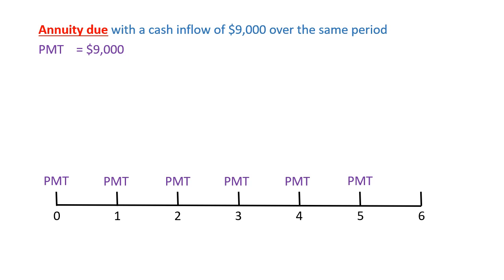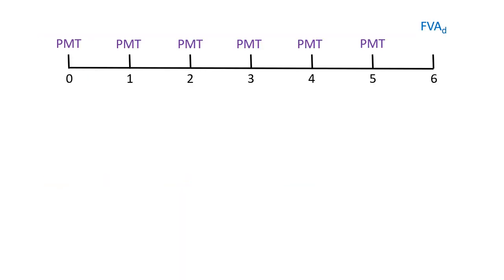So if you compare the two timelines, here it starts at 0, and the last one does not have any inflow. K equals 15%, and N is 6. Find FVAD, the future value at the end of 6 years.